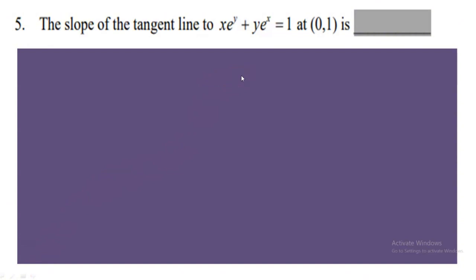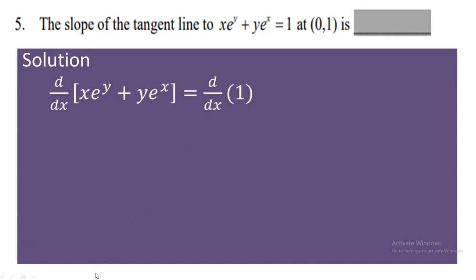Now what is going to come as a solution is the following one. You need to take the derivative of both sides. As you apply d by dx to both sides, you have this expression: d by dx of the left expression is equal to d by dx of the right one.